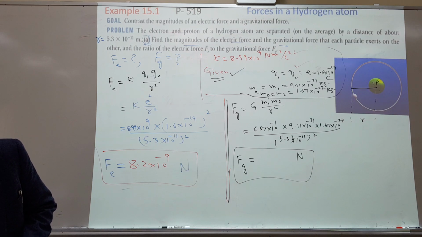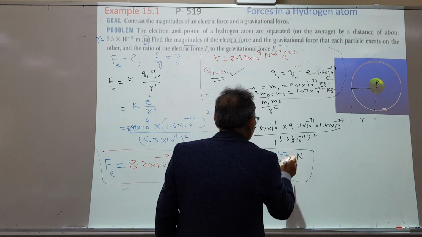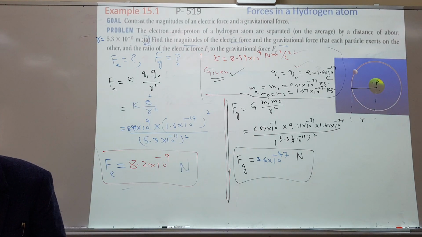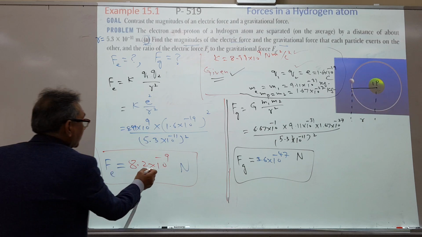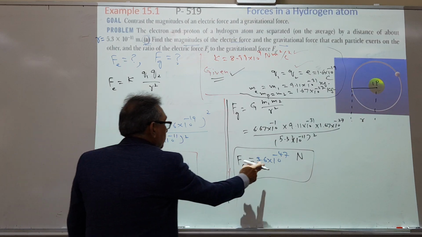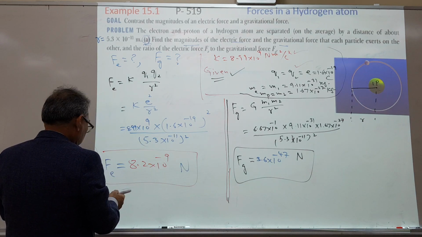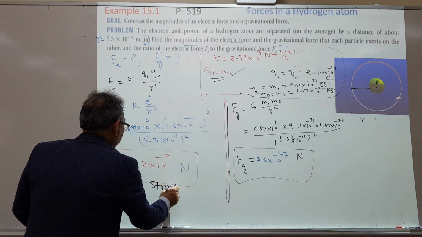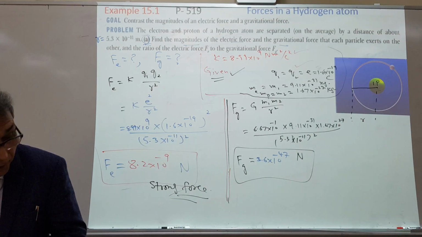It's 3.6 times 10 to the minus 47 Newton. All right, so you see, the electric force is of the order of 10 to the minus 8 Newton, and this is minus 47. Which one is bigger? Of course this one. So this is a very strong force as compared to this one.